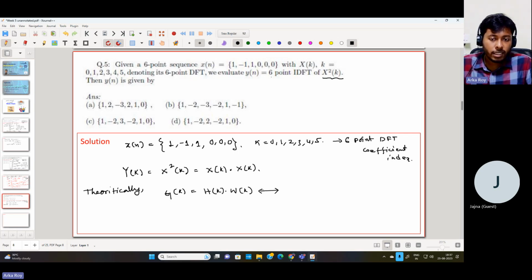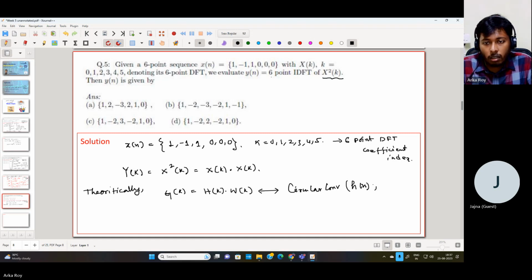However, in the case of DFT, when we apply the dot product or direct multiplication in the inverse DFT domain, it will basically be the circular convolution between the corresponding time domain sequences. So that means the circular convolution between hn and wn.